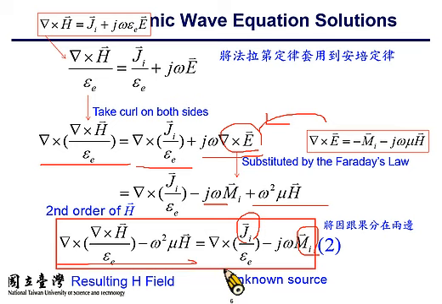For electrical current, the effect on the magnetic field distribution takes place by finding its spatial differentiation, by finding its spatial variation, 空间上面的变化.